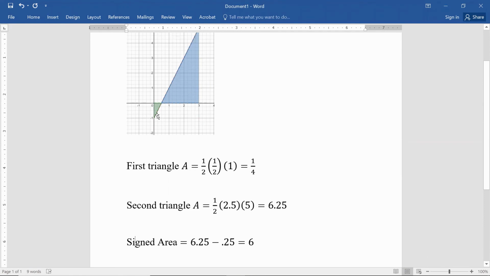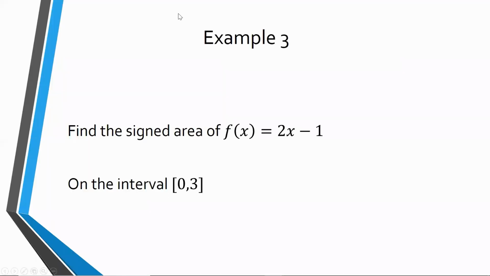We have a total signed area of 6. If you remember how this question was phrased in the beginning, all we had was a function and a closed interval. Namely, we wanted to find the signed area of this function, 2x minus 1, on the interval from 0 to 3. We obviously did that utilizing techniques of geometry.